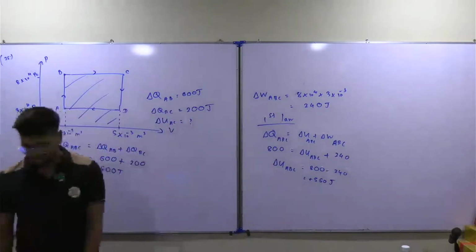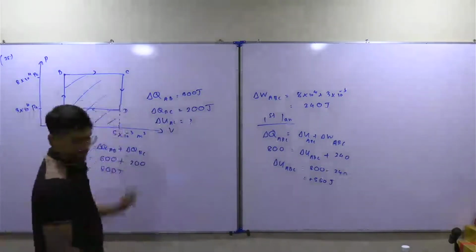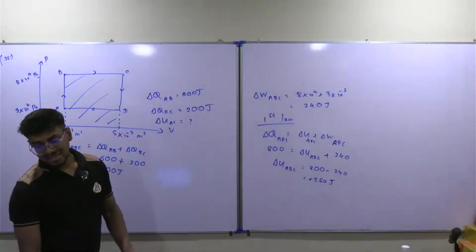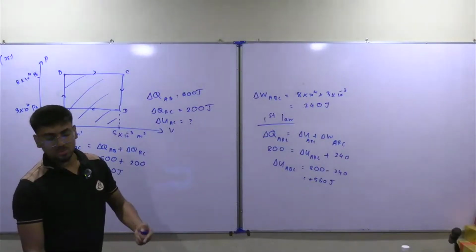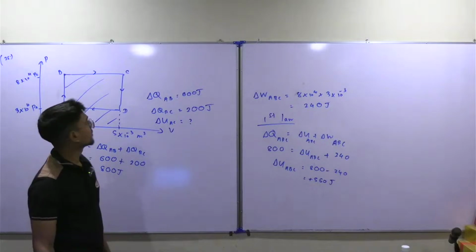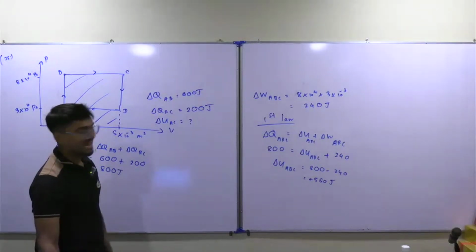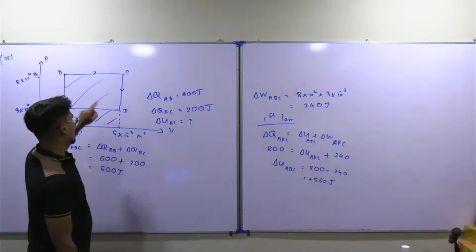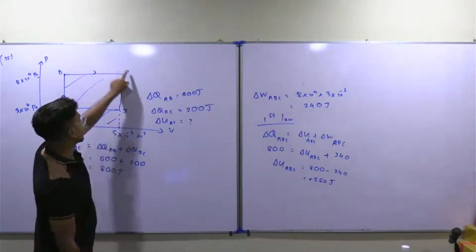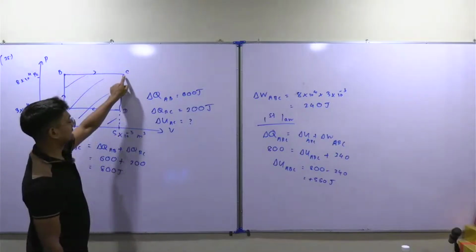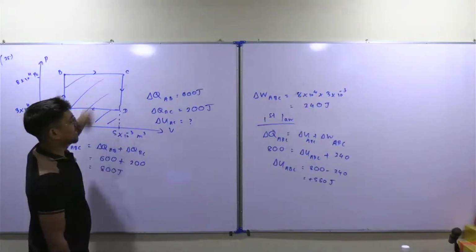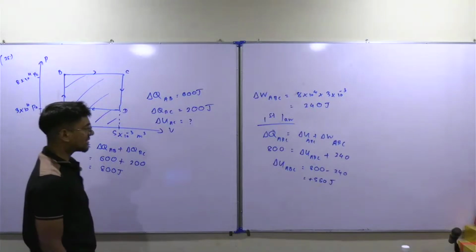That is not the question. We need to find the change in internal energy in the process AC, not ABC. However, when you consider the path A, B, C, or A, D, C, or AC, the initial point and the final point will be the same, right?